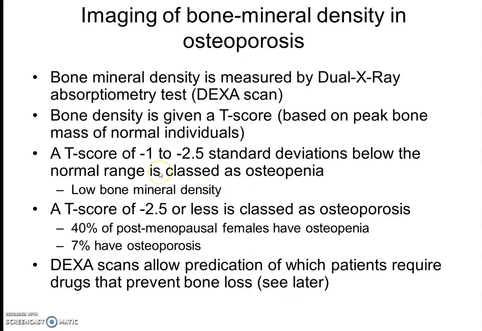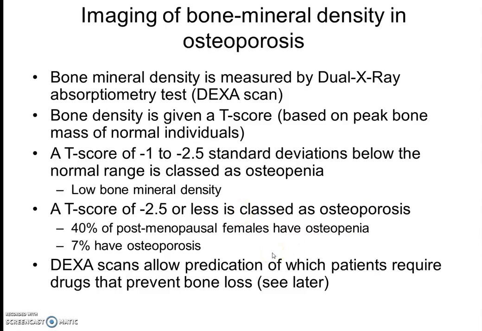If we think of everyone's bone mineral density as being on a normal distribution, with one standard deviation from the mean, plus or minus, containing about 60-odd percent, and two standard deviations 90-odd percent of patients, then patients who are more than 2.5 standard deviations below the normal range are classed as osteoporosis.